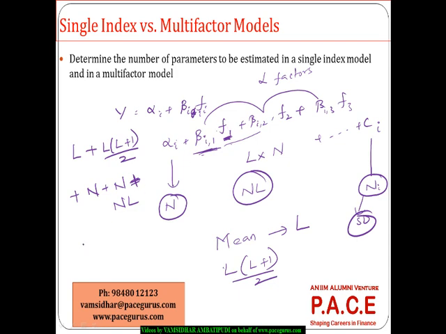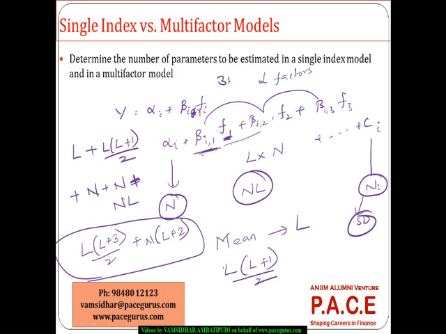So overall it is coming out that I require L into L plus 3 by 2 plus n times L plus 2 data items in case I am going with a multi-factor model. In case I am going with a single factor model, I just need 3n plus 1 data items. But when I am going with a multi-factor model where there are L factors being considered, then I need this much.